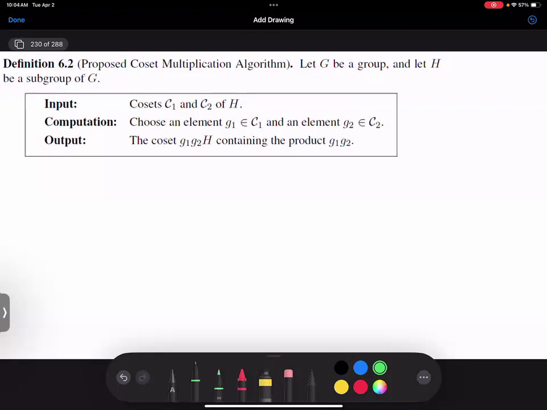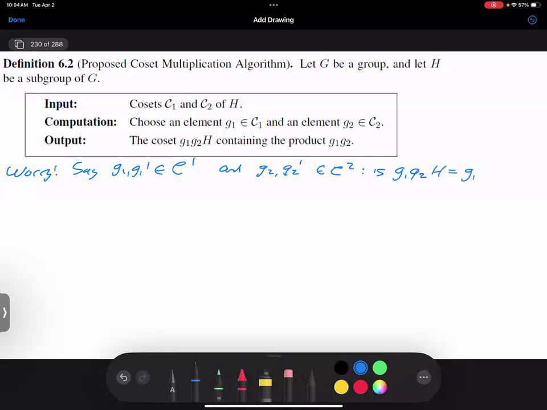And so the worry is, say G1, G1 prime are both in C1, and G2, G2 prime are both in C2. Is G1 G2 H equal to G1 prime G2 prime H?